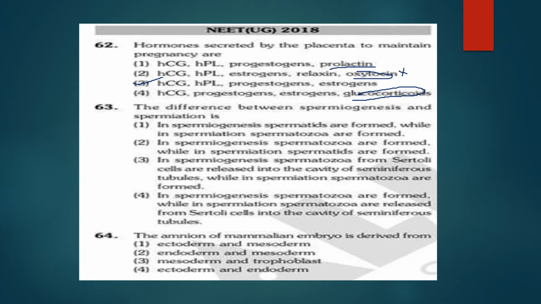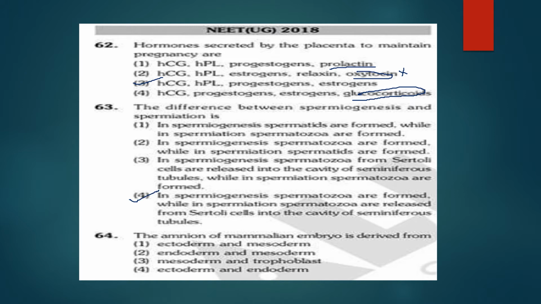Okay, so spermiogenesis is the spermatozoa formation, while spermiation is where the spermatozoa are released from the Sertoli cells into the cavity of the seminiferous tubules. So that is the exact definition of them.